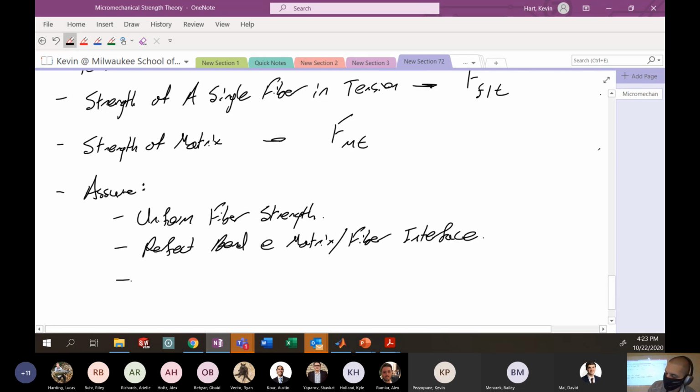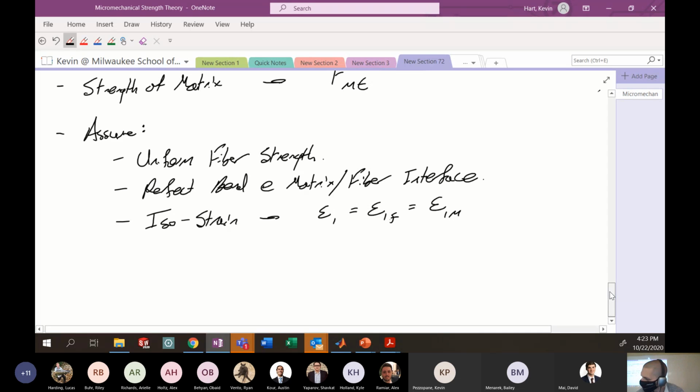And here we're going to assume isostrain, same thing that we did when we developed the stiffness. That means the strain in the one direction of the composite is the strain in the one direction of the fiber, and it's the same as the strain in the one direction matrix. Okay.